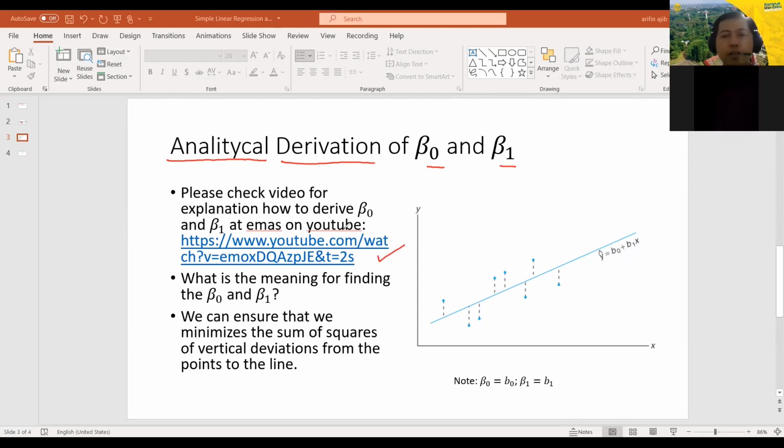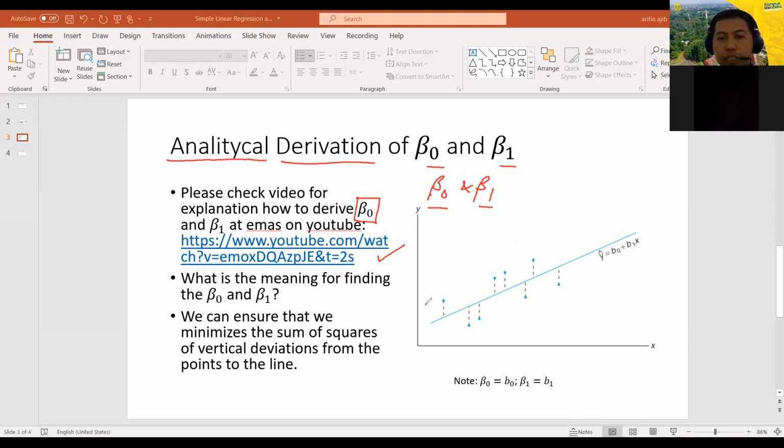And I also gave you an assignment to derive beta 0. Once we finish, let's say we assume that we already get beta 0 and beta 1. What actually do these variables mean?